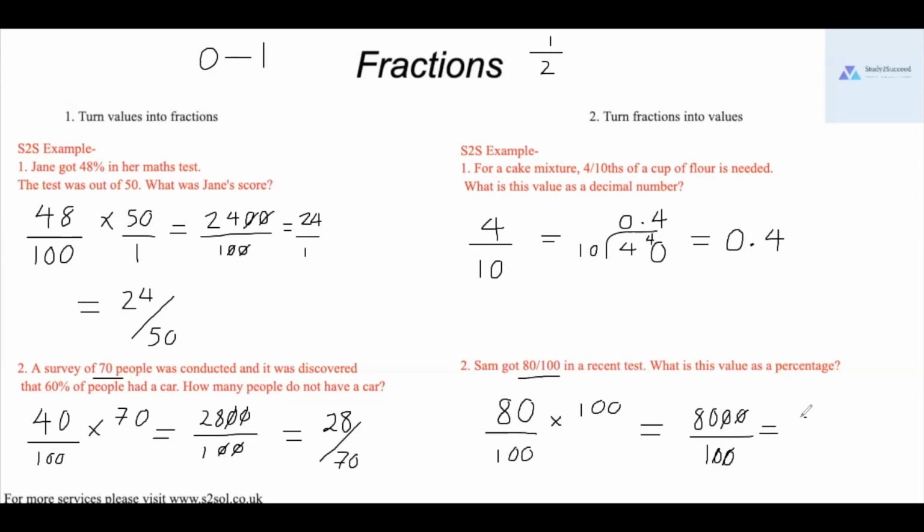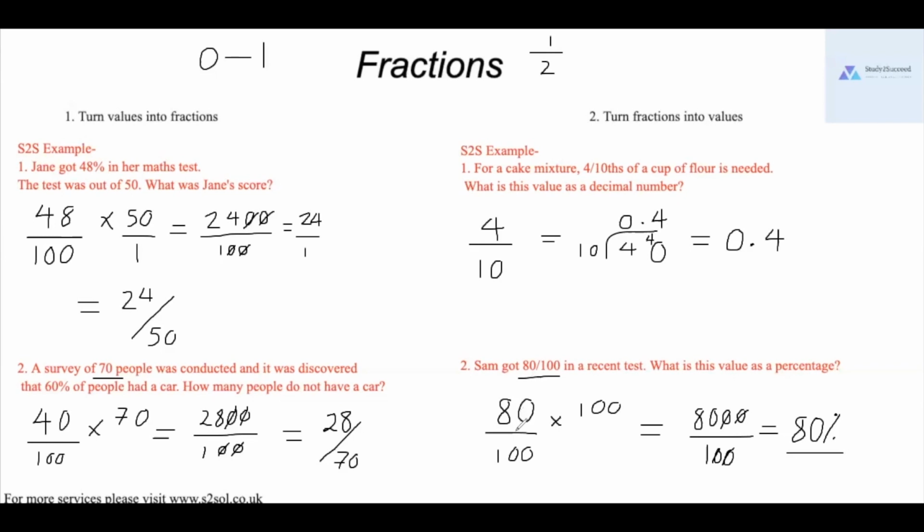Therefore, his value as a percentage is 80%. So hopefully we can notice something interesting within this question. The fraction is 80 out of 100 and the percentage is 80%, because remember, percent means out of 100. So 80 out of 100 is very, very simply 80%.